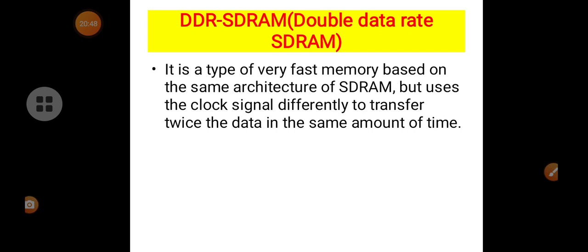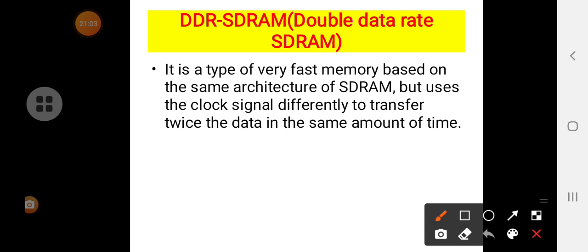Next, we will see DDR SDRAM, that is double data rate SDRAM. SDRAM itself is synchronized RAM. But DDR SDRAM is a very fast memory based on the same architecture as SDRAM, but it uses the clock signal differently to transfer twice the data in the same amount of time.